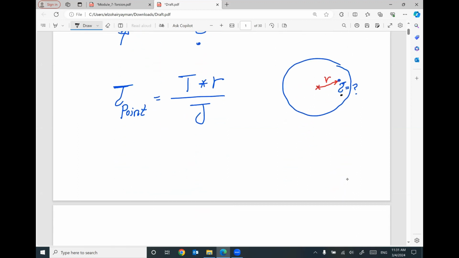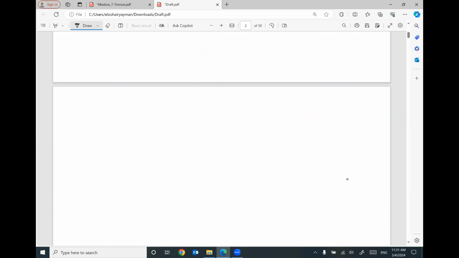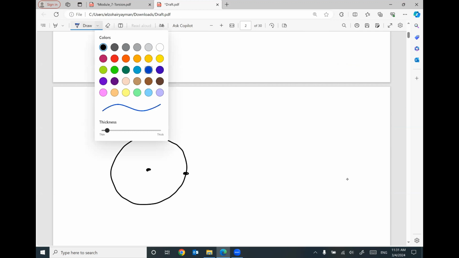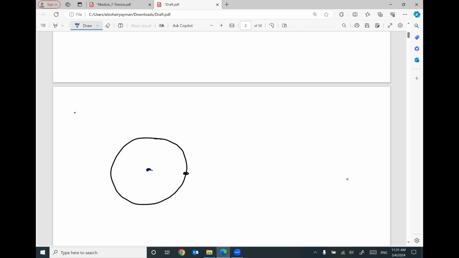That makes sense? Keep in mind, if we have a solid cross section, this is the centroid, this is the outer circumference, the shear stress distribution due to torsion will be 0 at the center. We don't have distance, we don't have radius, we don't have R, we don't have C, and it will be the maximum at the outer circumference, and in between we will have a linear distribution.